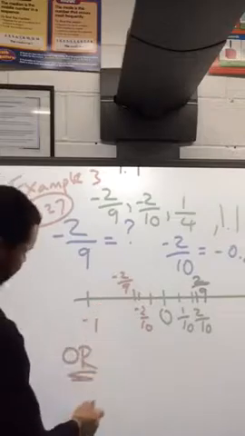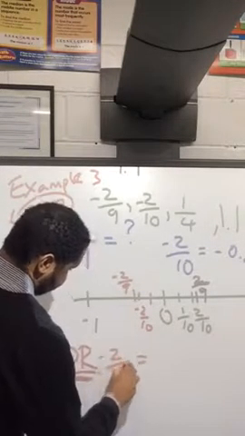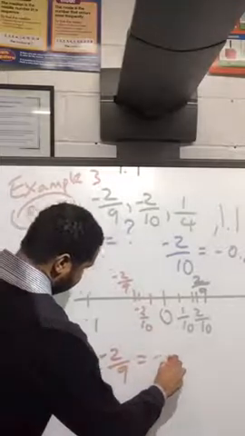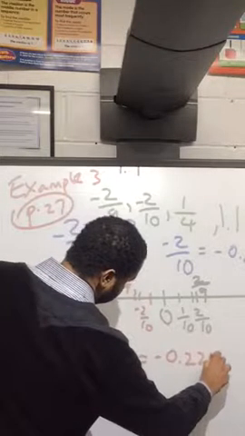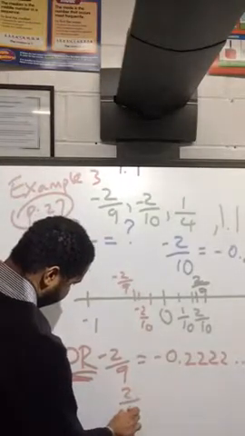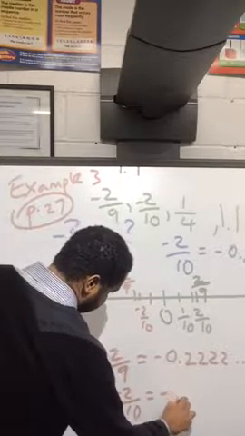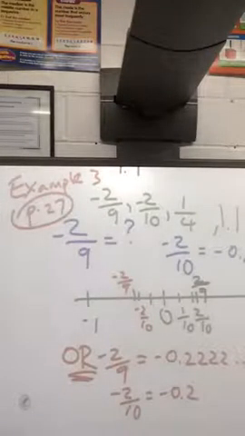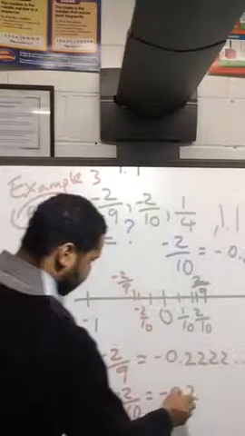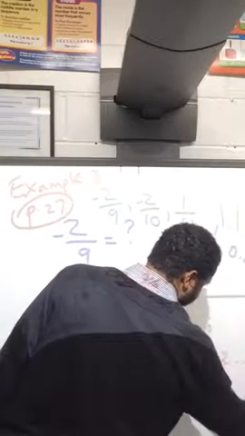The book changed them to a decimal. So -2/9 is going to be -0.2222, and -2/10 is going to be -0.2. Stop, not any further. So obviously this is going to be more negative. I think this is actually easier.